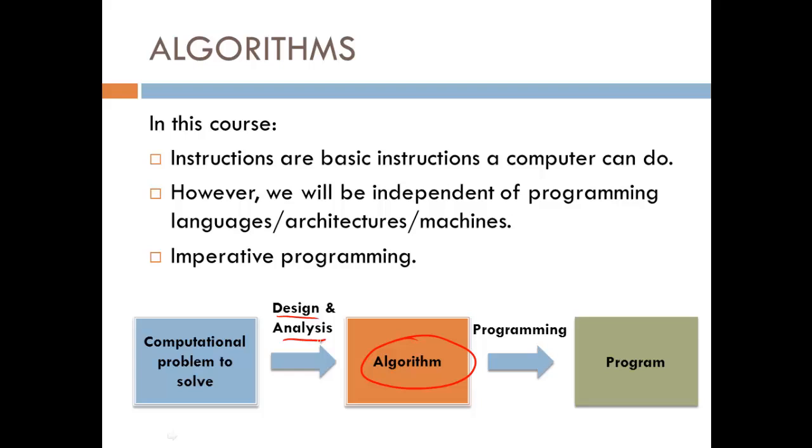And once you've designed the algorithm and it meets your expectations, you can always go ahead and program it in any programming language of your choice, like C or Java or C#. Okay. So though we will not tie ourselves to any programming language per se, we will follow the imperative programming style, because it turns out that imperative programming is much easier to analyze for time complexity and so on.